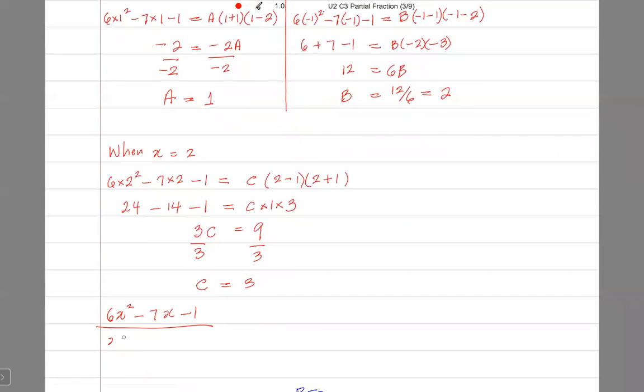So it's (x squared minus 1) multiplied by (x minus 2), and this would be equal to a, which is 1 over x minus 1, plus b, which is 2 over x plus 1, plus c, which is 3 over x minus 2. All right.